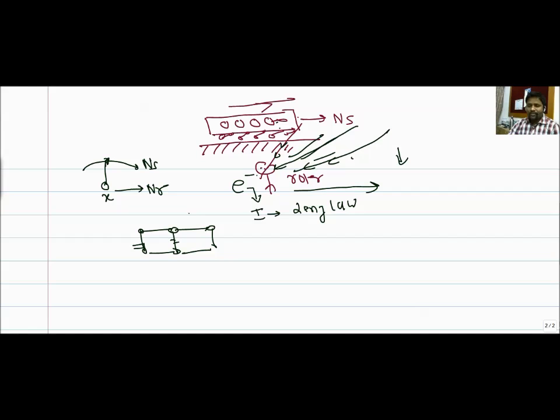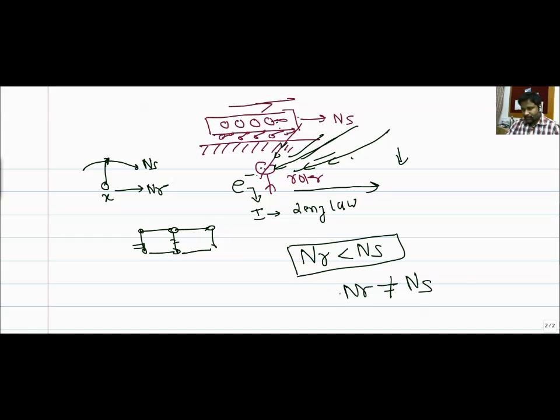If there is no change in the magnetic field, then there is no induced EMF, no current, and then Lenz's law is not satisfied. So the rotor always has a speed which is less than the synchronous speed. So we can say that NR is always less than NS. We can't say that NR equals NS.